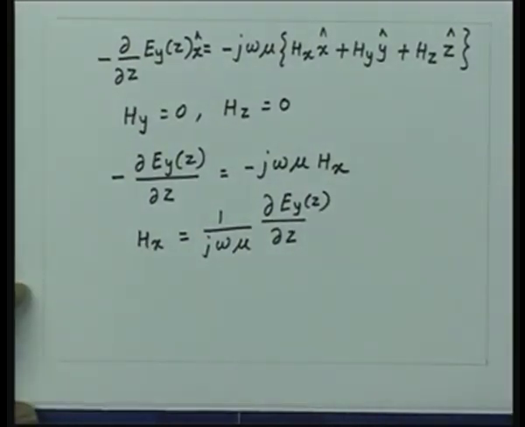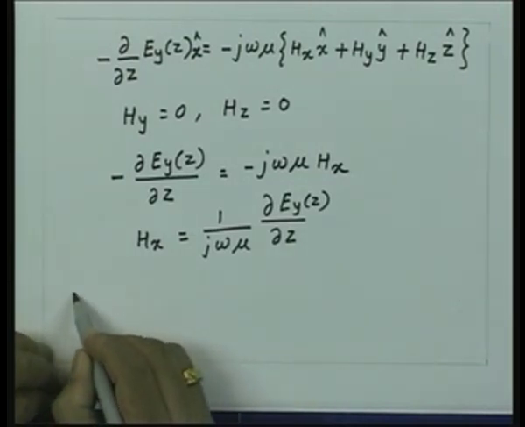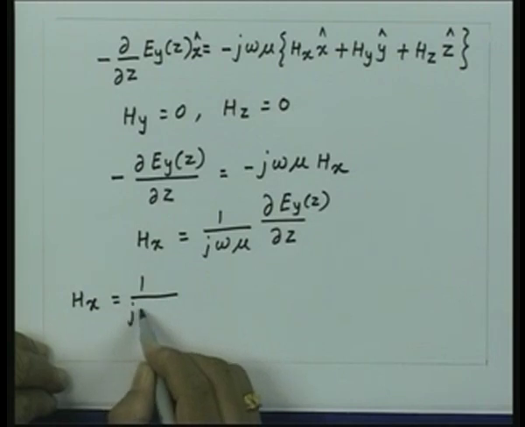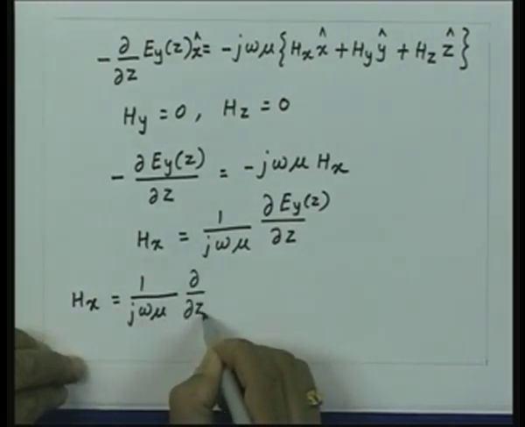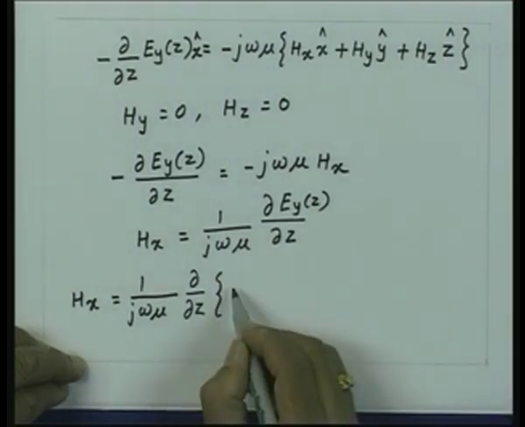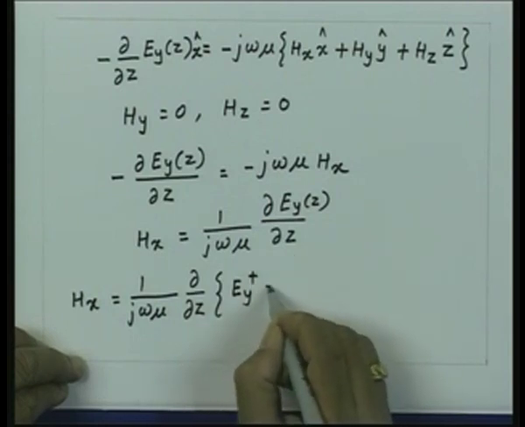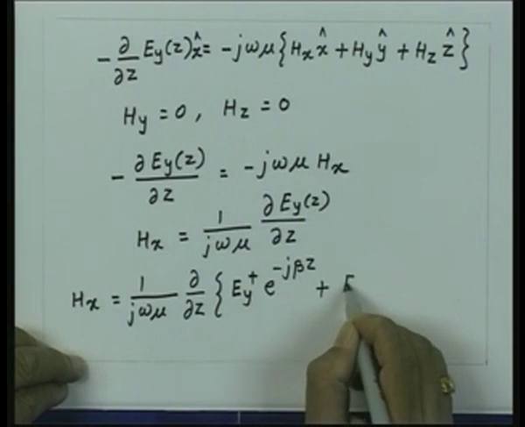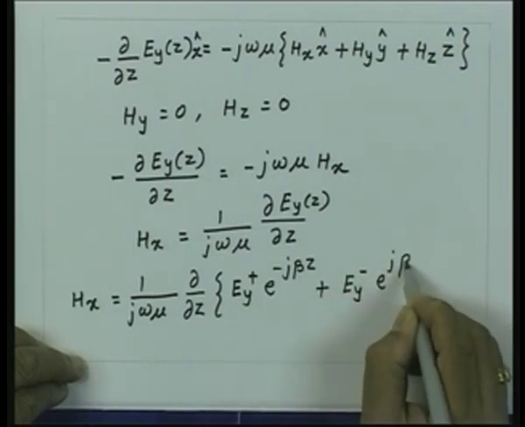And if I substitute now for Ey from here, I get h of x, that is 1 upon j omega mu d by dz of Ey plus e to the power minus j beta z plus Ey minus e to the power j beta z.